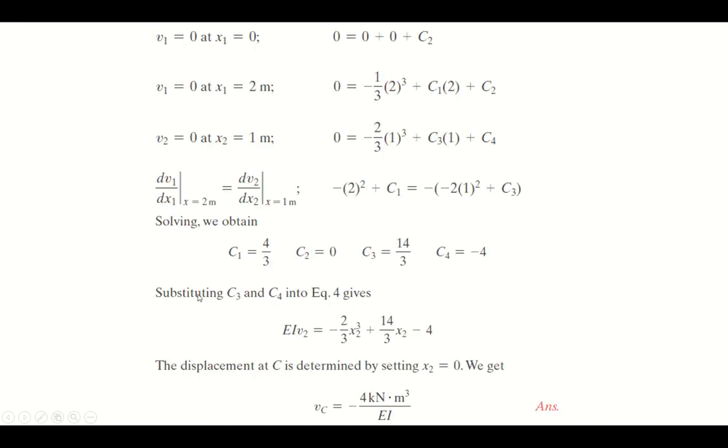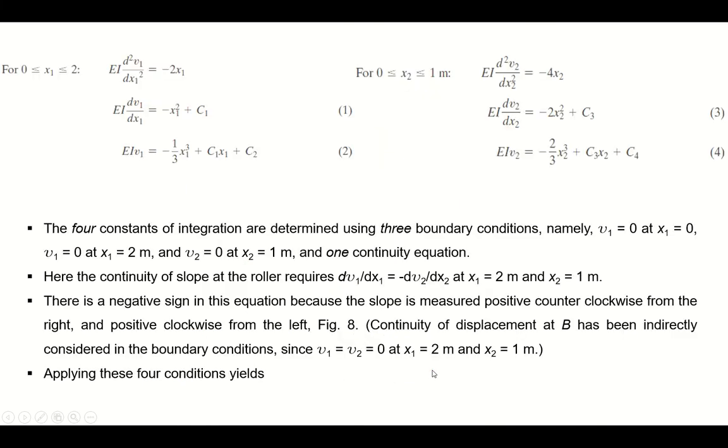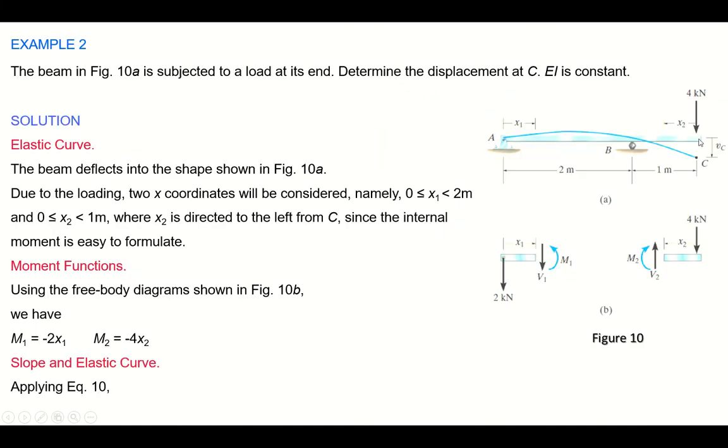Okay, so substituting C3 and C4 into equation 4 gives this. This is your equation 4, and you have put the values of C3 and C4. C3 was 14 by 3 and C4 was 4. So the displacement at C is determined by setting x2 equal to 0. Why? Because x2 we have taken from this free point. So at this point x2 is equal to 0, and when you come to support B, x2 is equal to 1.